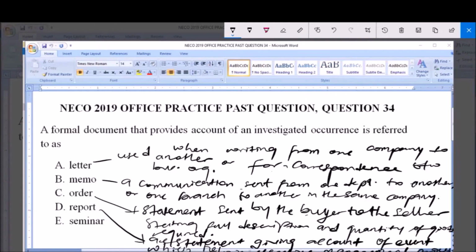So a report is a statement that gives account of any occurrence in an organization. It gives account of all the events that have occurred in an organization for easy decision making and for effective management process.